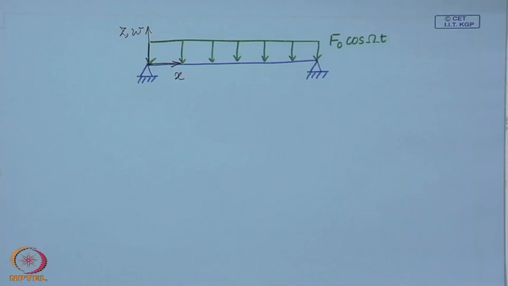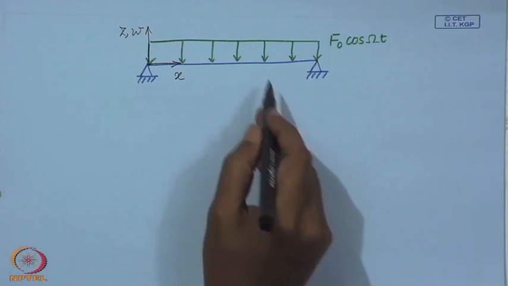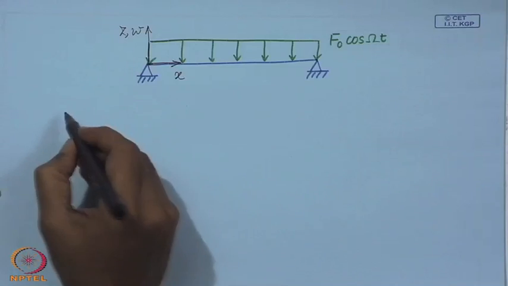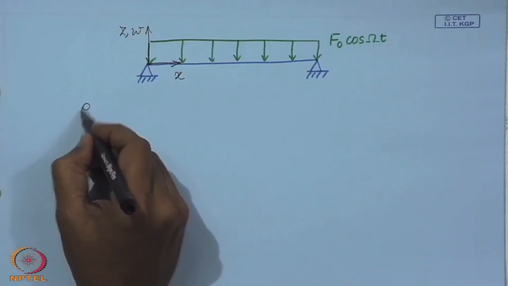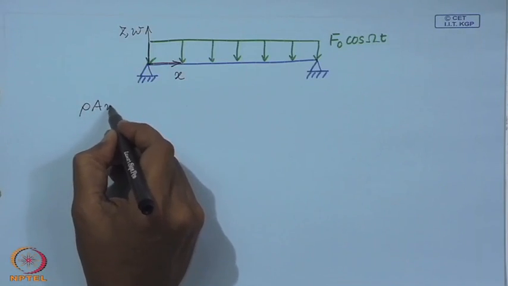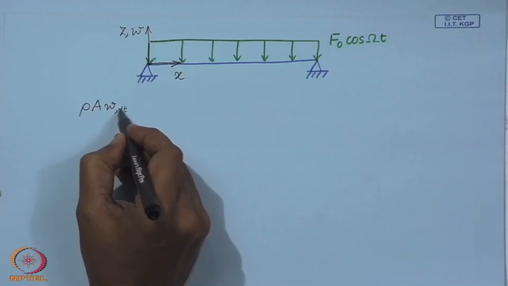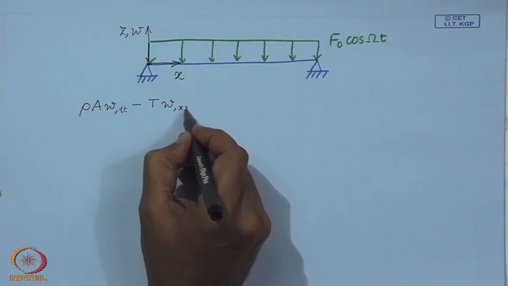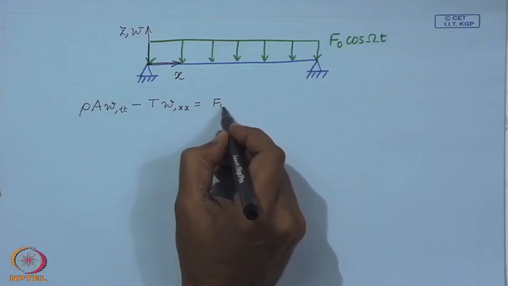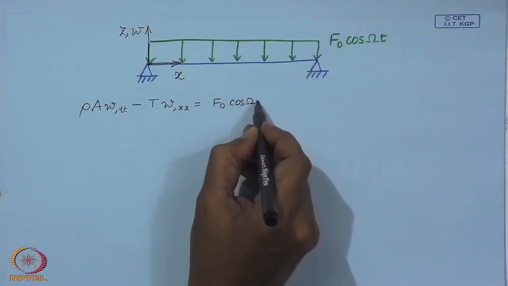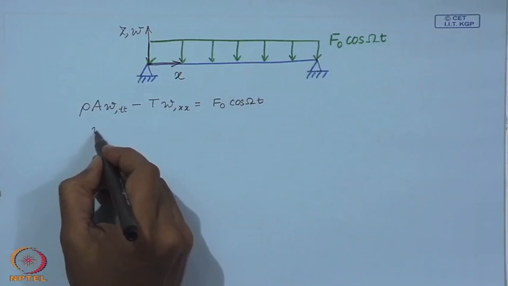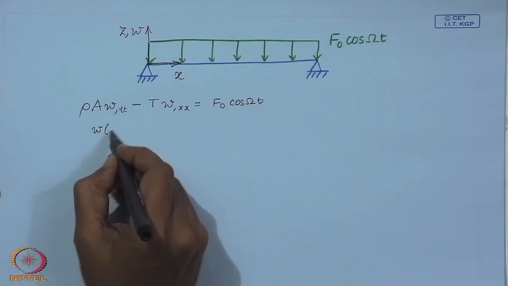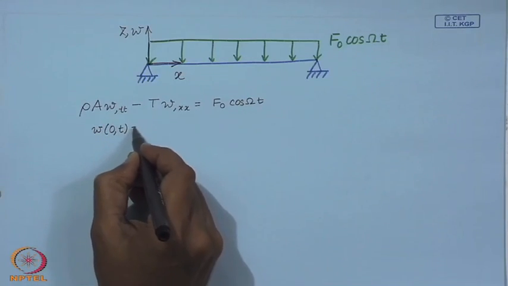So, we have the equation of motion with the boundary conditions.